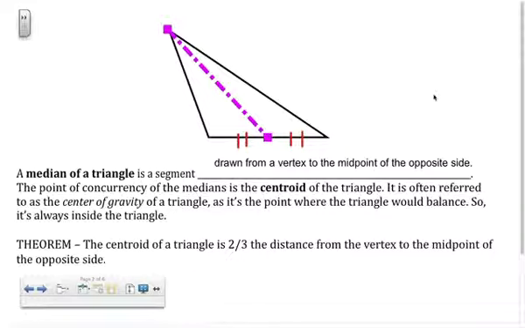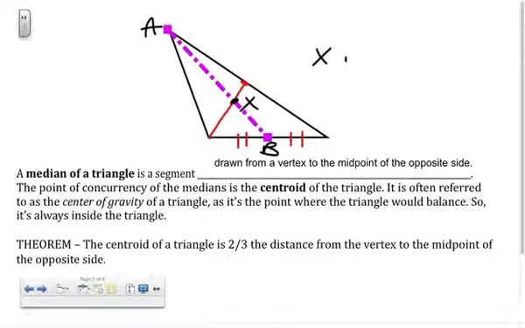Let's consider another median of the triangle. It would go here, making this point, let's call it X. That point is the centroid. So X is the centroid.